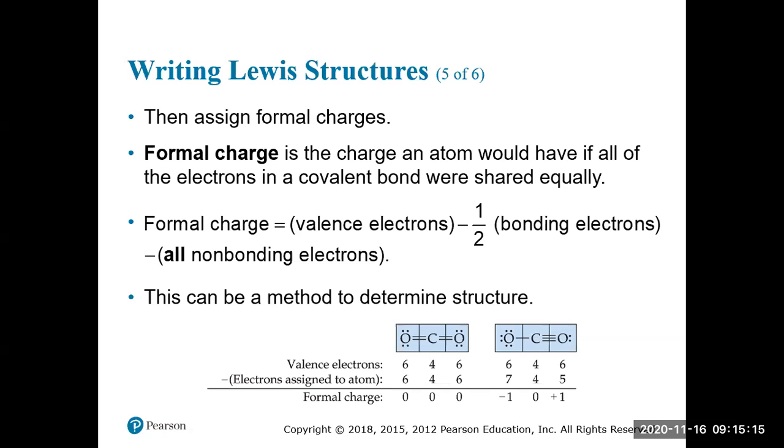The non-bonding electrons are those free electrons, the dots that you see rather than the lines that indicate a bond. And this can help us determine the structure.